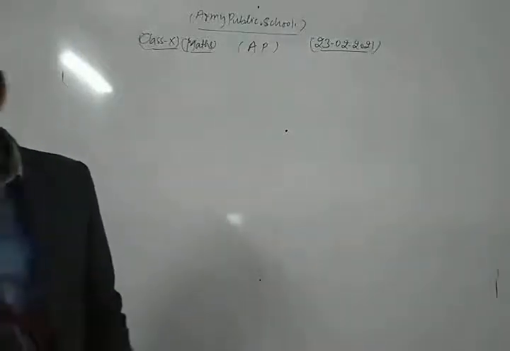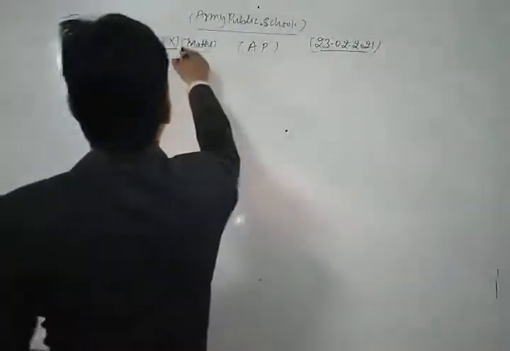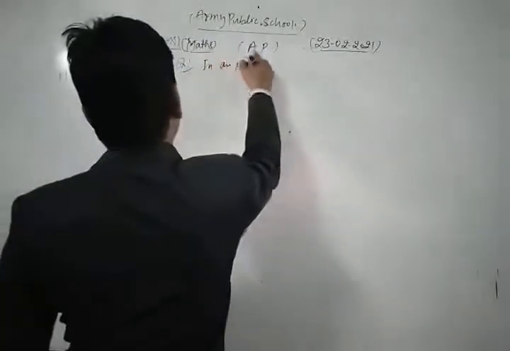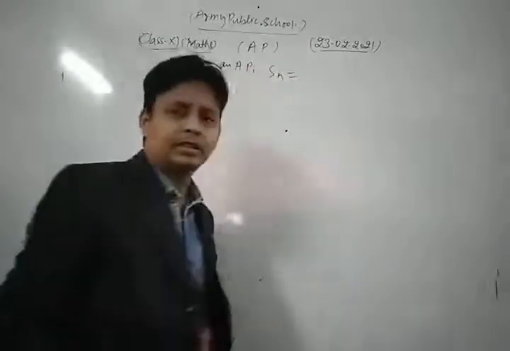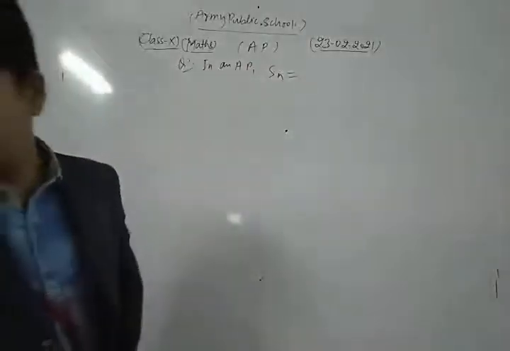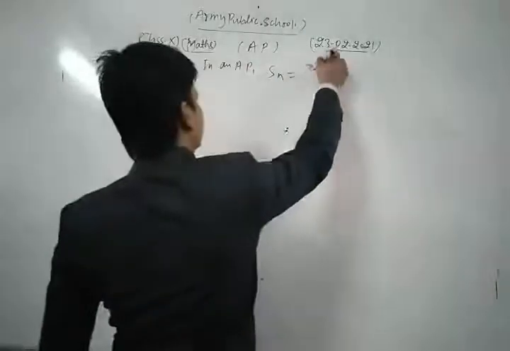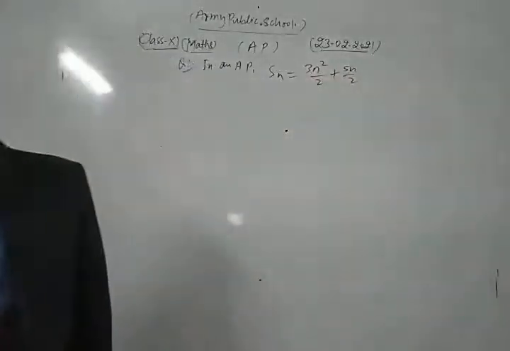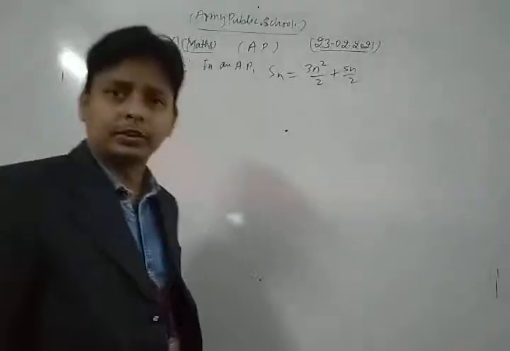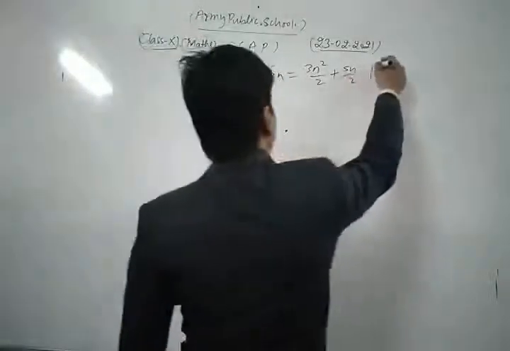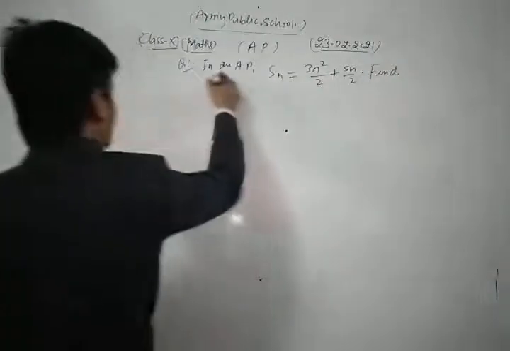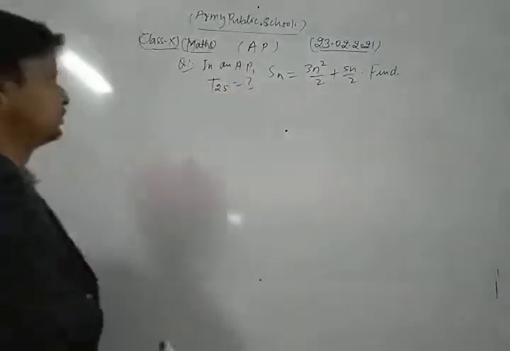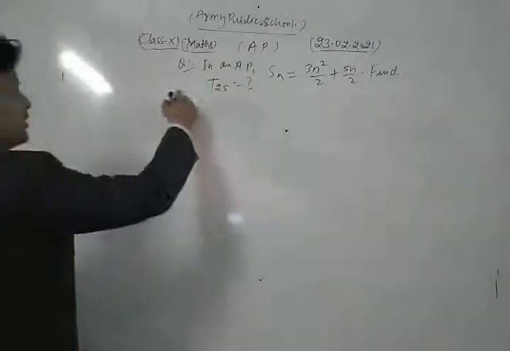If in an AP the sum of n terms is given by the relation 3n square upon 2 plus 5n upon 2, find its 25th term, T25. Okay, now let's see its solution.